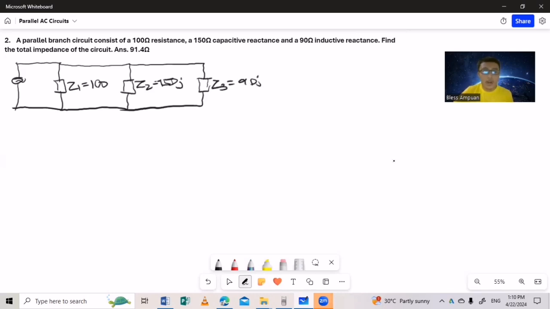So what is asked is the total impedance. There's no need for the value of the total voltage.